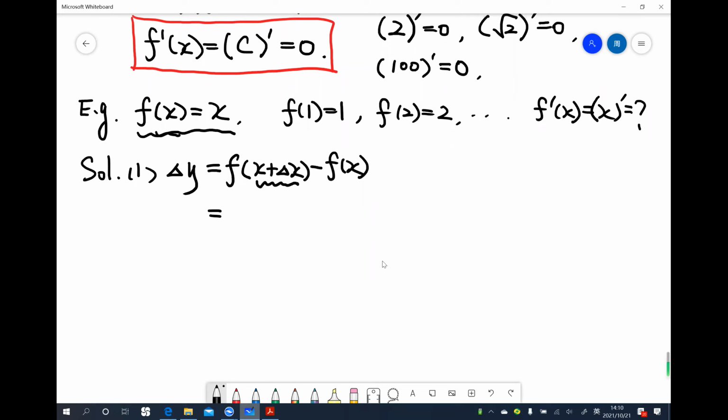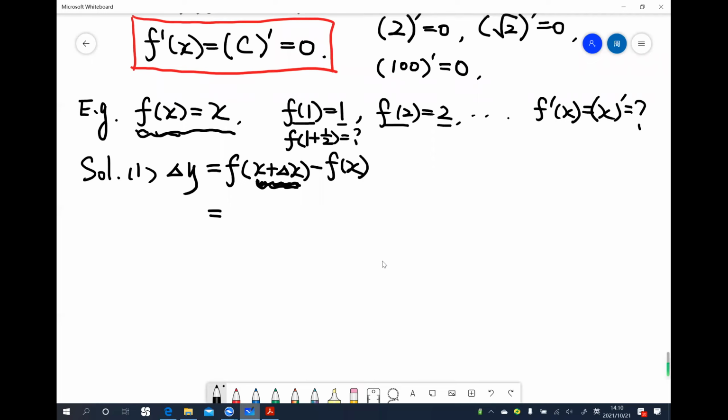X. Look here, f(1) equals 1, f(2) equals 2. Here I will give you an example: f of 1 plus 1 by 2 equals what? Equals 1, or equals 1 plus 1 by 2? Yes, x plus delta x.